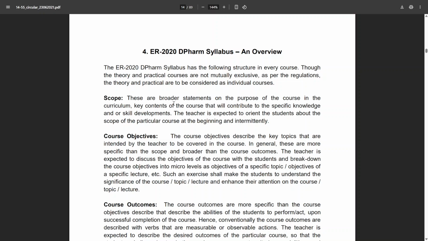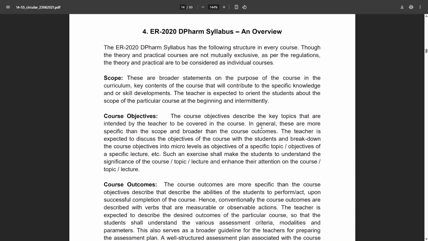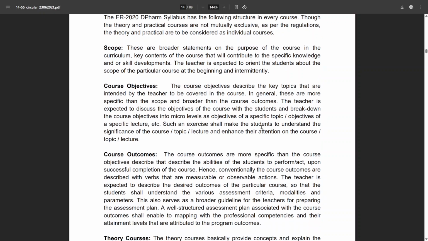Scope: these are the broader statements on the purpose of the course in the curriculum, and the key content of the course that will contribute to the specific knowledge and skill development. The teacher is expected to orient the student about the scope of the particular course at the beginning and intermittently. I am going to only read the points.